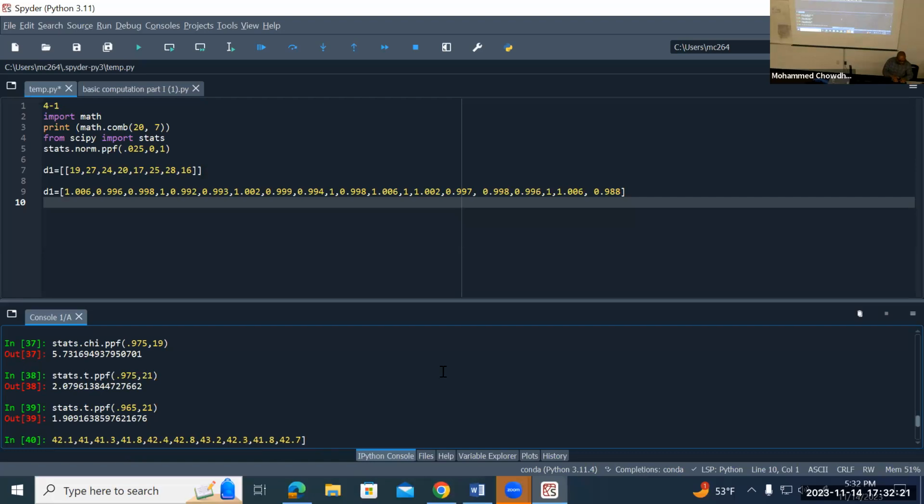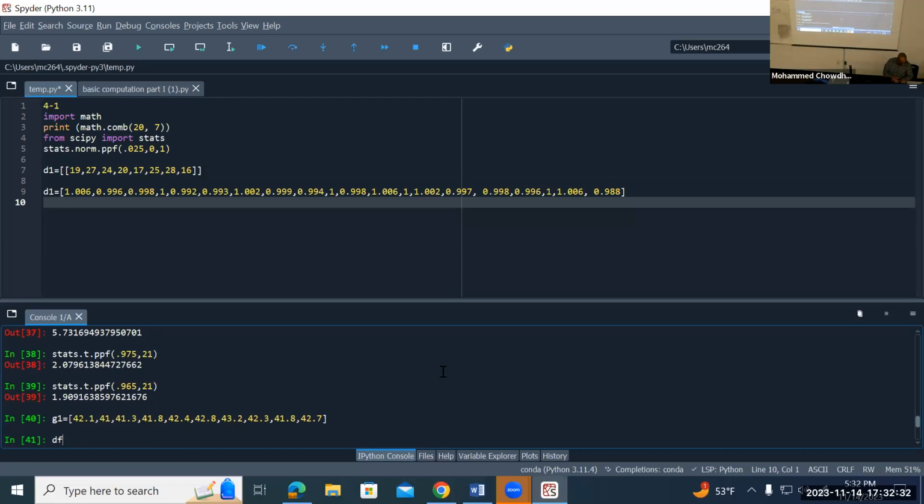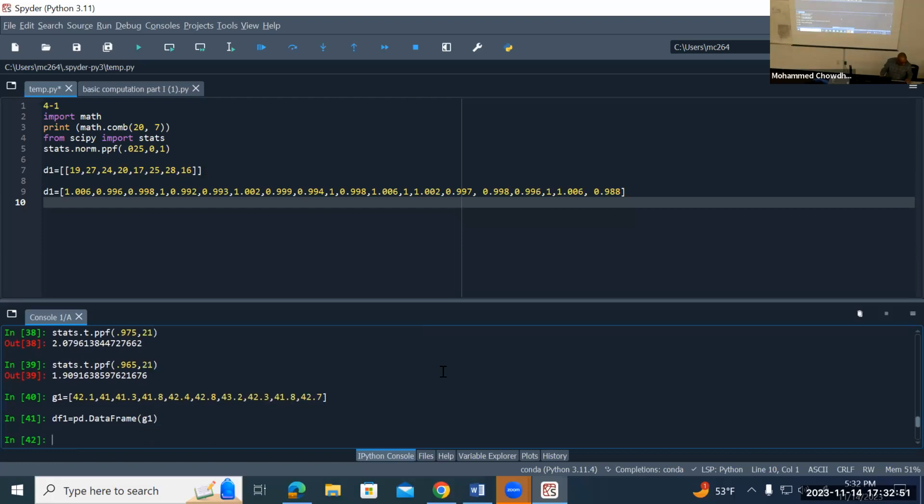So this is group one, so I put here G1 and then I write here like this and then put the square bracket and this is done. Okay, so I want to put here df1 equal to pd.DataFrame, and then I have to put here G1. This is the way I got group 1.